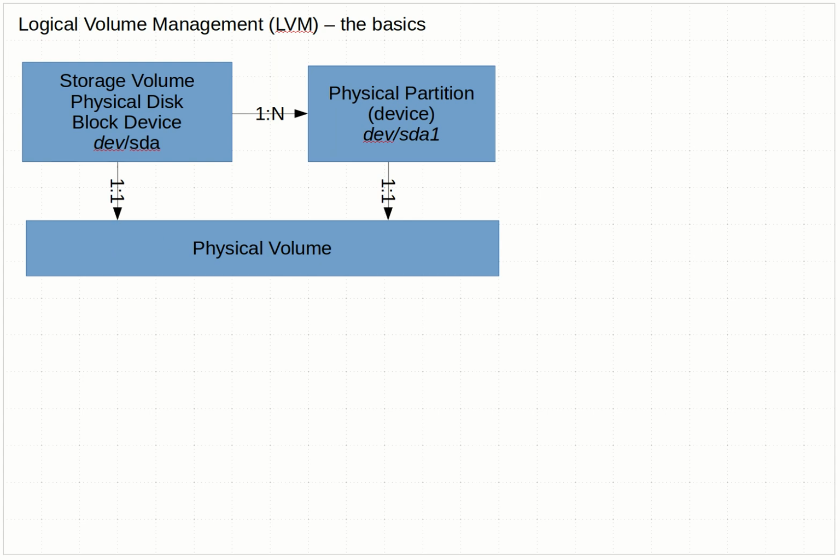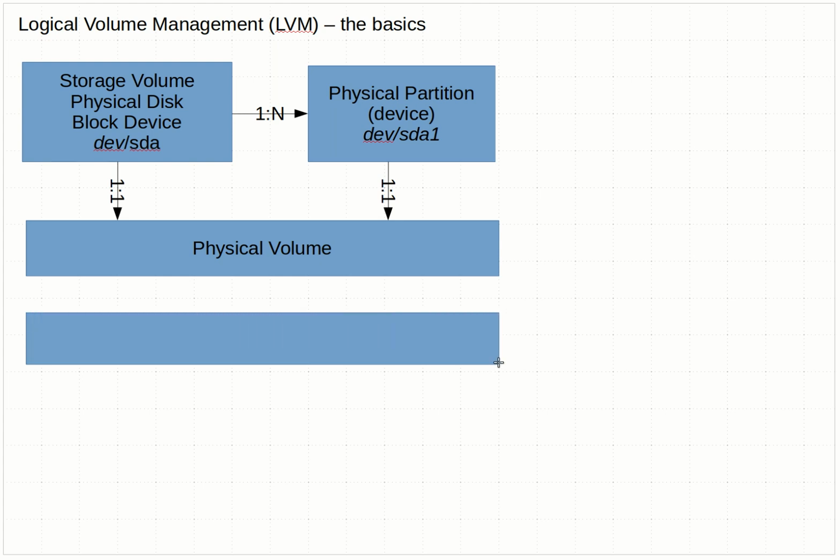After that, you would add the physical volume to what we call a volume group. And if you don't have a volume group yet, you would first create a volume group, or VG for short. And a physical volume can also be called a PV.